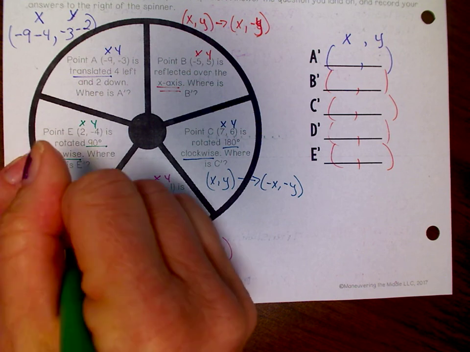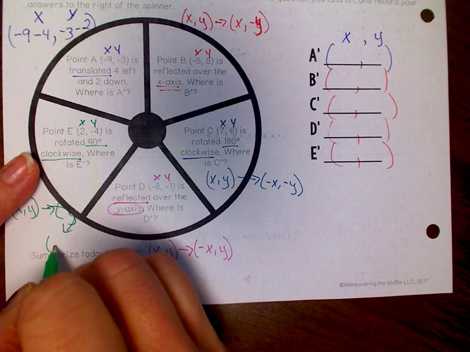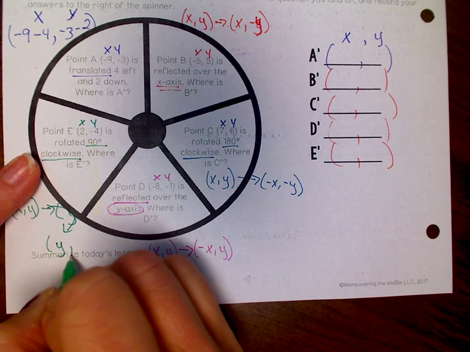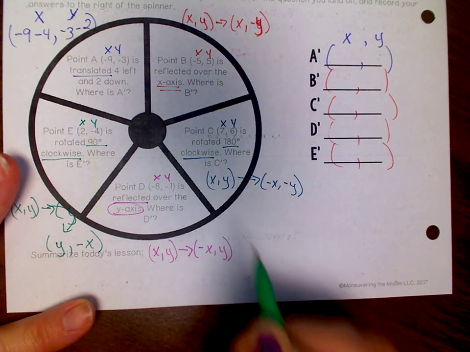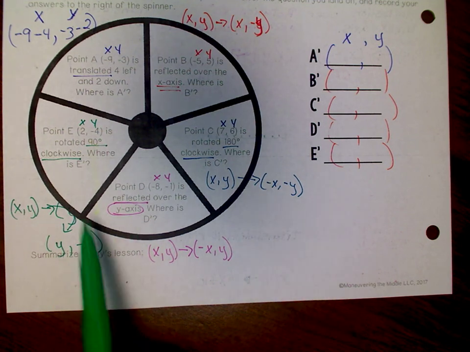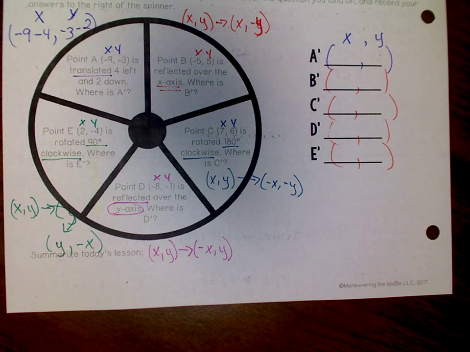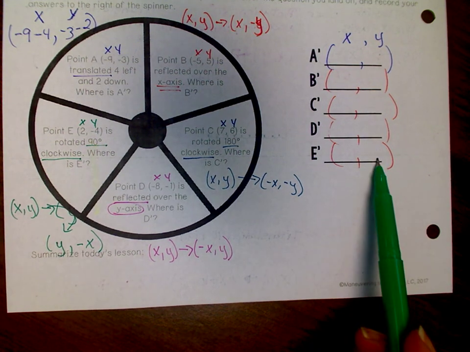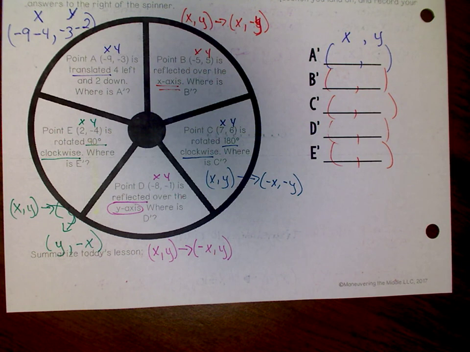Your y comes first and your x is opposite. So your y would stay the same, but it's going to become your new x on E prime. And then your x would be opposite of what the original is. And it would go in your y spot. Okay?